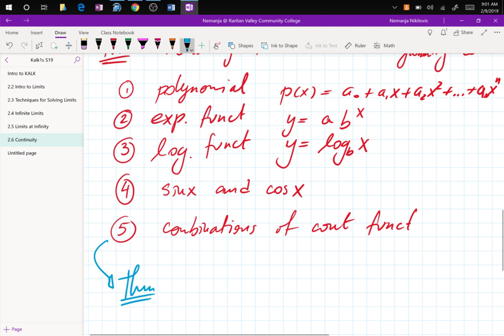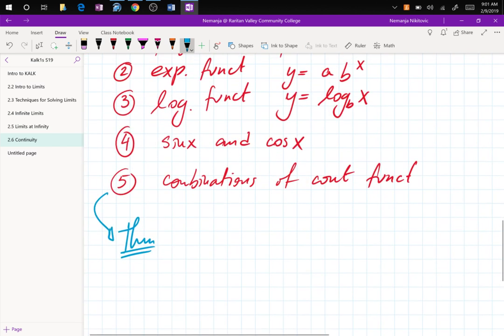Square root of a polynomial. So the combinations of continuous functions, meaning function composition of those functions, is a continuous function. So the theorem states that function combinations and function compositions of continuous functions are continuous functions.